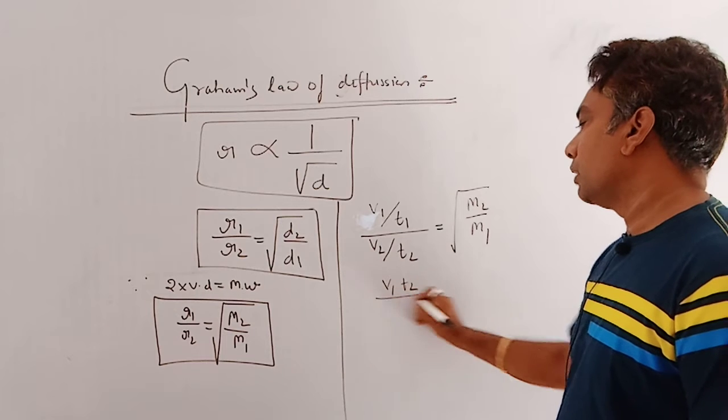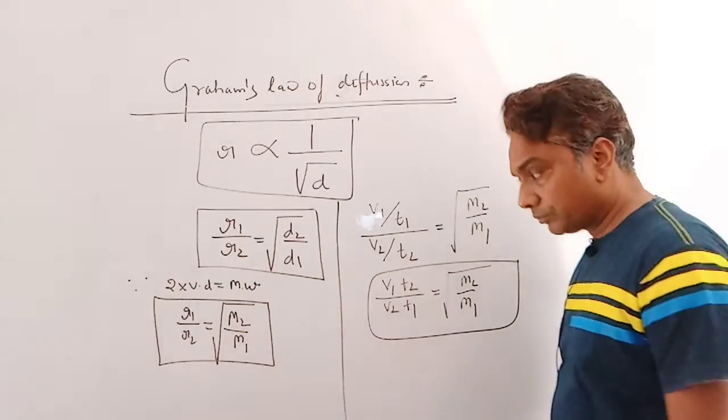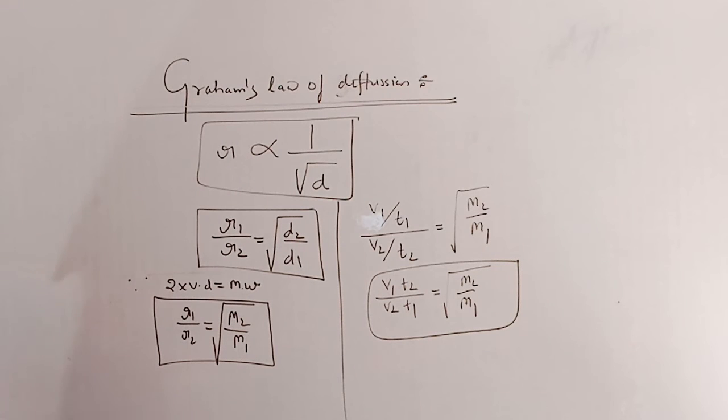So here V1 T2 divided by V2 T1 is equal to under root M2 by M1. This relation is also applied. Note it.